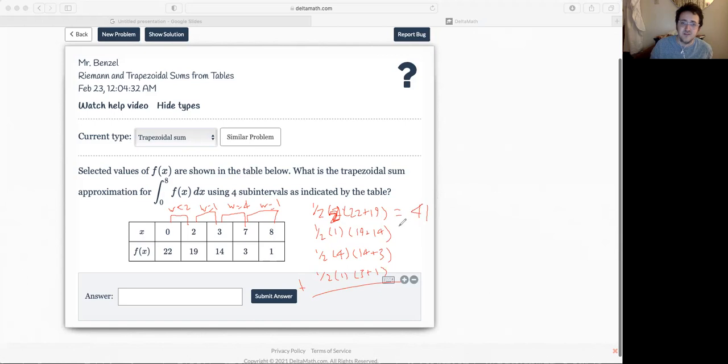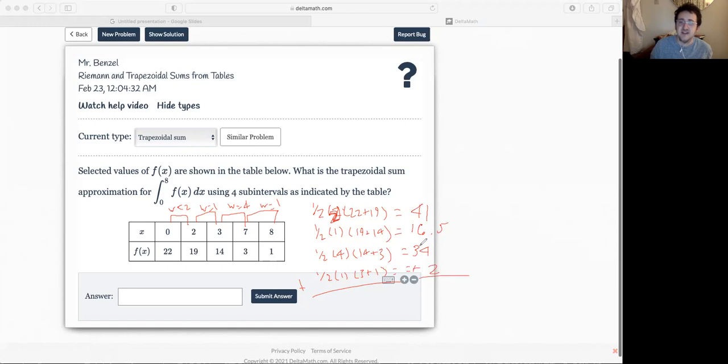That's going to be 33. 1/2 of 33 is going to be 16.5. Then I have 1/2 of 4, which is 2. 2 times 17 is going to be 34. And then I have half of 1, which is just 0.5.